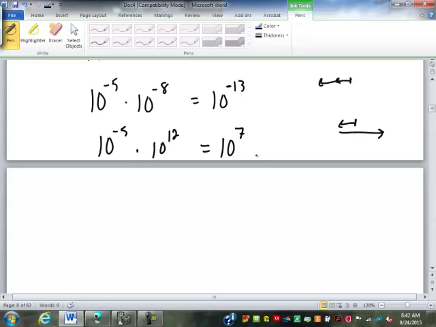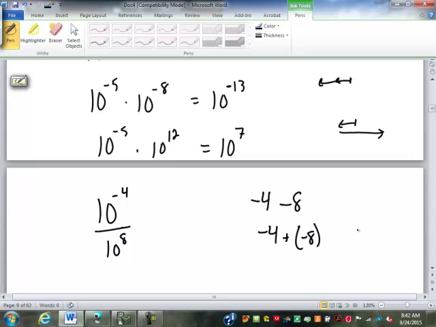Those aren't so bad. Adding with integers isn't terrible. The ones that really got confusing were these. 10 to the negative 4 divided by 10 to the 8th. That is negative 4 minus 8. And remember, we changed that to negative 4 plus negative 8.